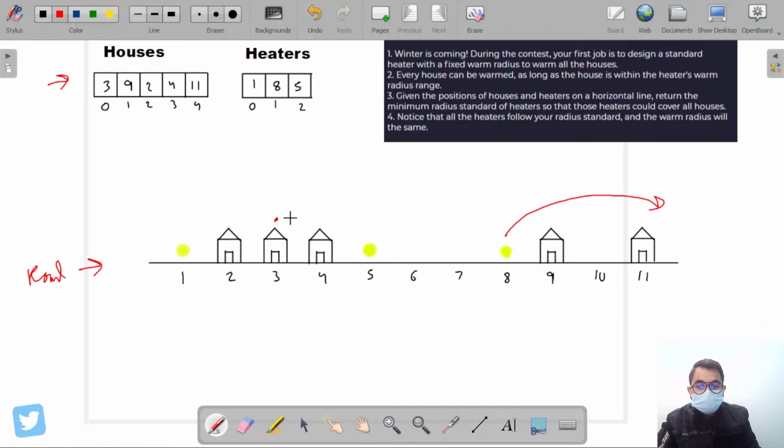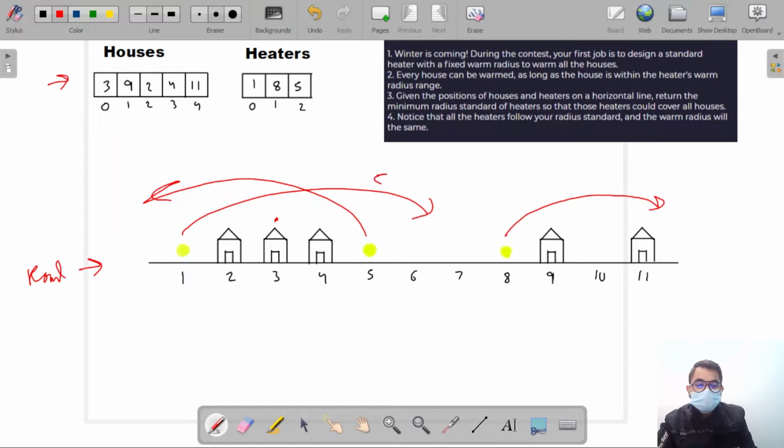For example, let's say my range is 5. This heater is going to give warmth till the 6th index, and this 5th heater is going to give heat till the 0th index if a house was present. Something like this. And these three houses are covered by the radius of these two heaters.